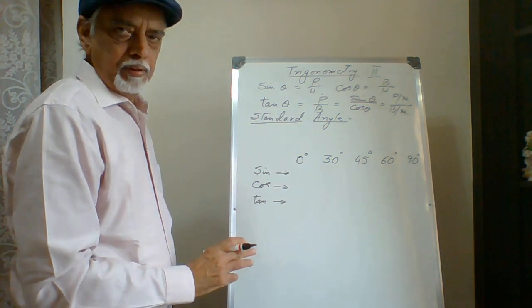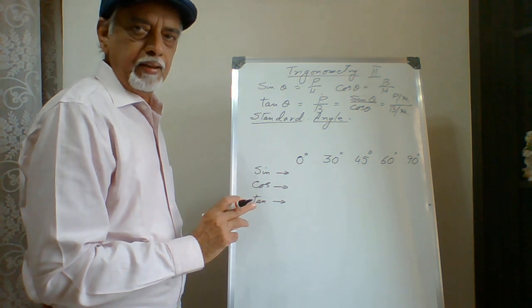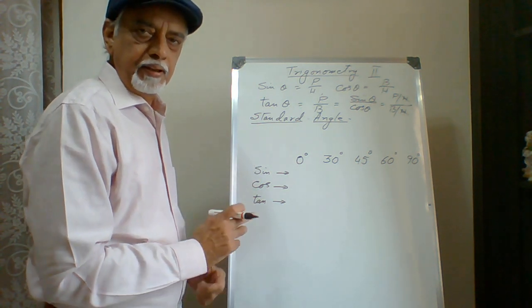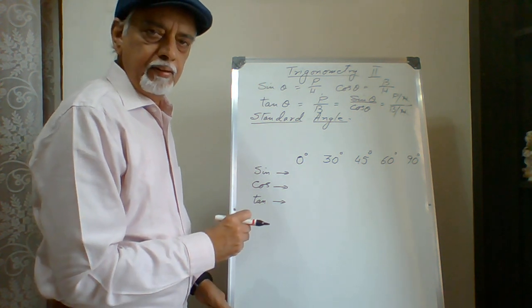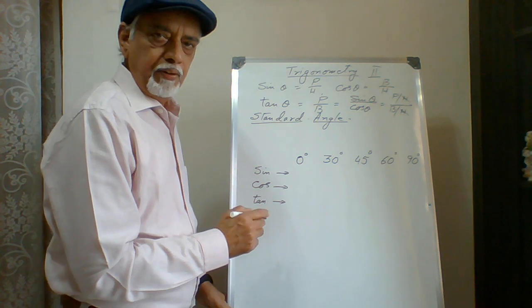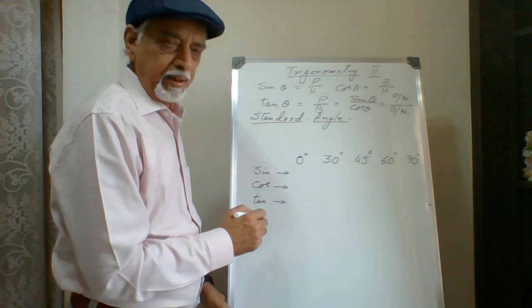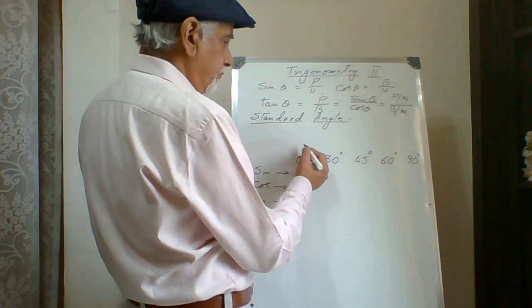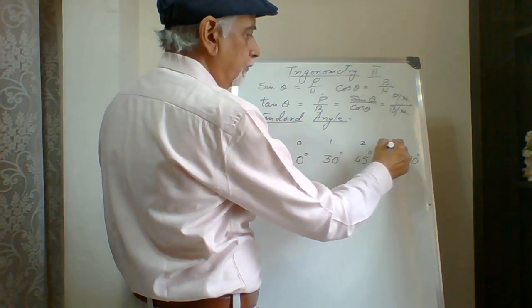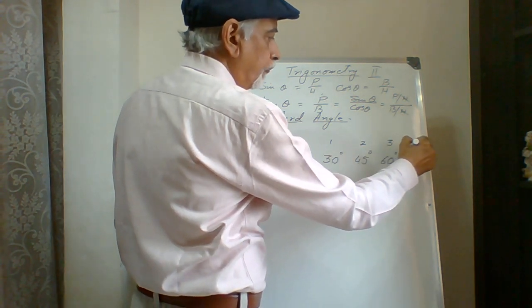It will be very difficult to remember ultimately, but I show you a trick by which you can work out in 30 seconds and remember it and cross check also if you have any doubt in your examinations. So how we work out? We write from here 0, 1, 2, 3 and 4.